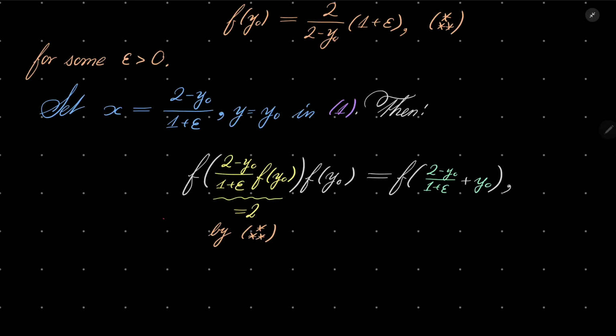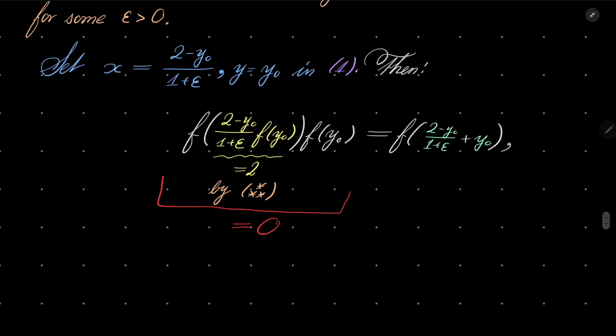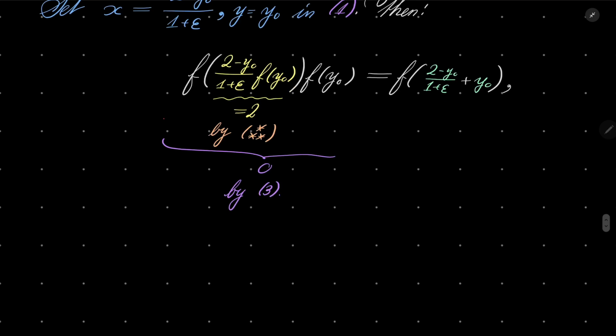It's just 0, because we have f of 2 is 0 by our condition number 3. While on the right hand side, after simplification, we will have 2 plus epsilon y0 over 1 plus epsilon.